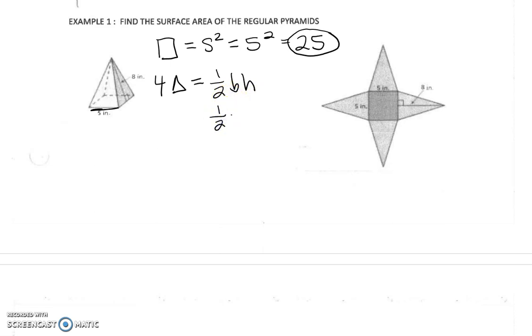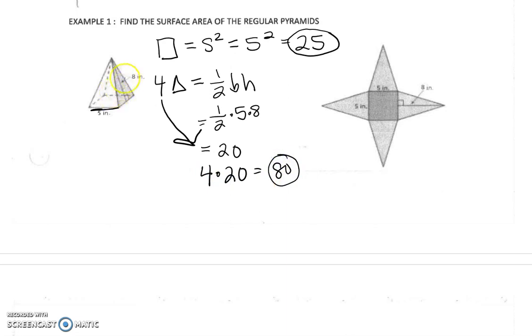So it's 1/2 of the base, which is 5, and the slant height of this is 8. So 1/2 of 5 times 8. 5 times 8 is 40. Half of that is 20. Okay, but remember I have 4 triangles, so 4 times 20 is 80.